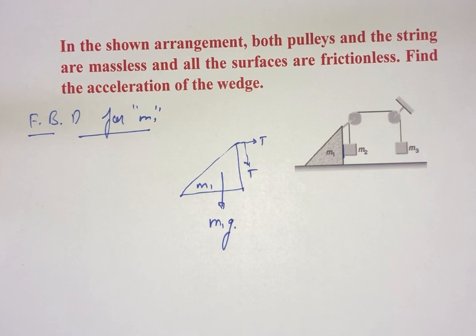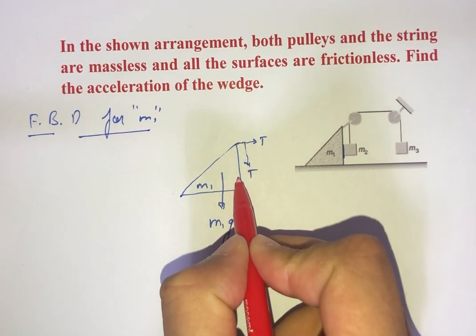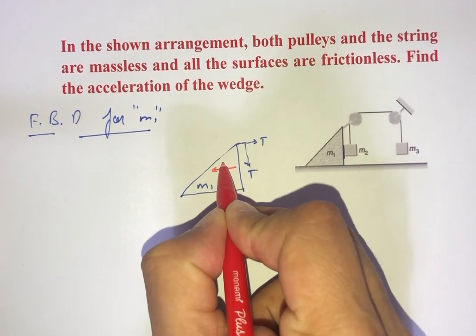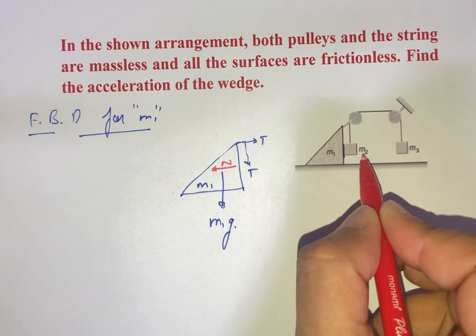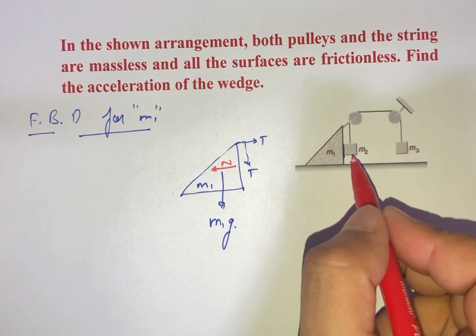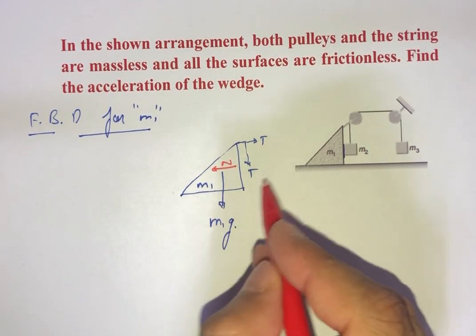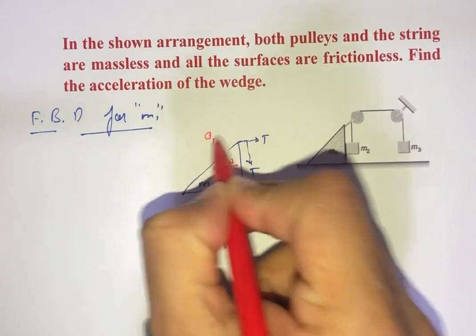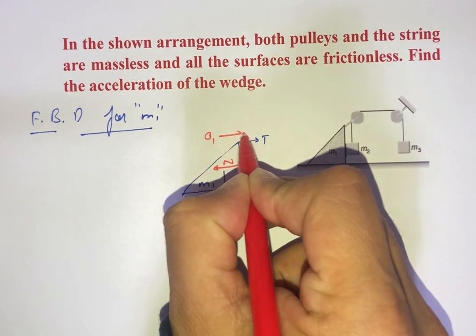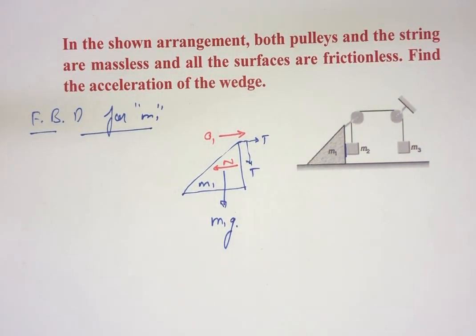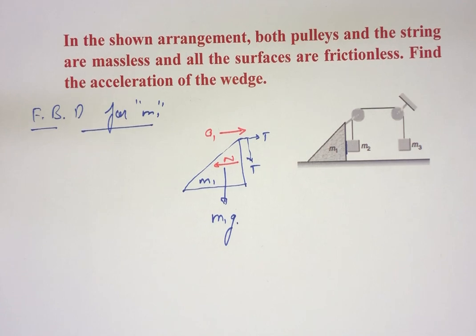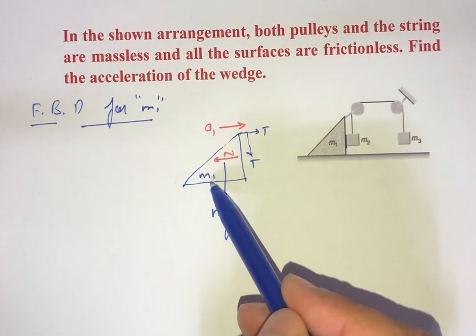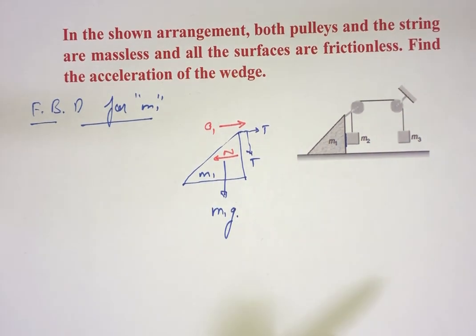There will be a normal which will be acting on m1 in this direction because of mass m2, okay, and we assume that it is moving with a1 acceleration in this direction. So these are some of the forces which will be acting on the mass m1, okay.